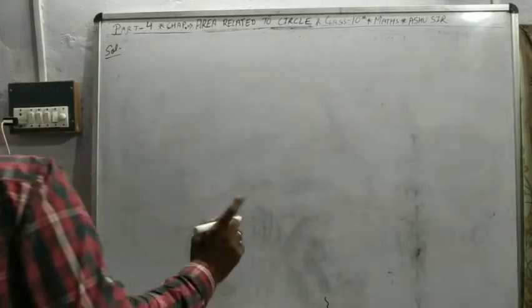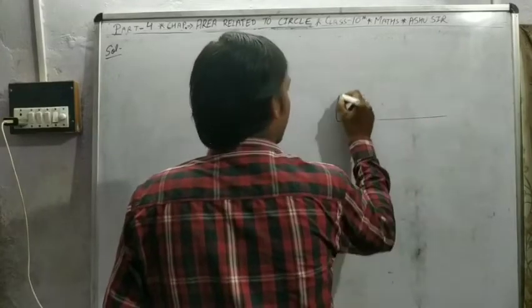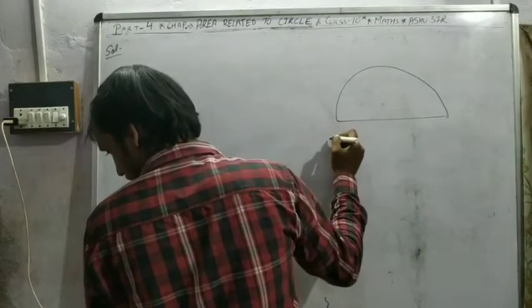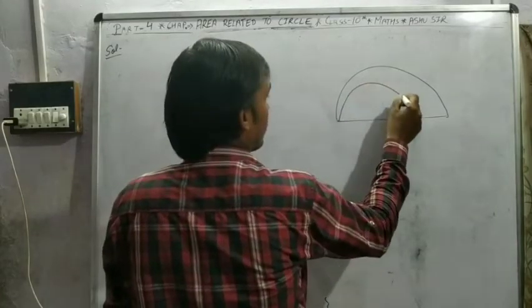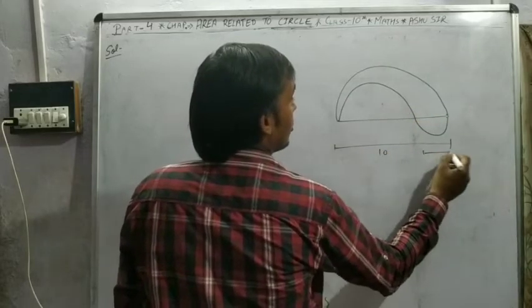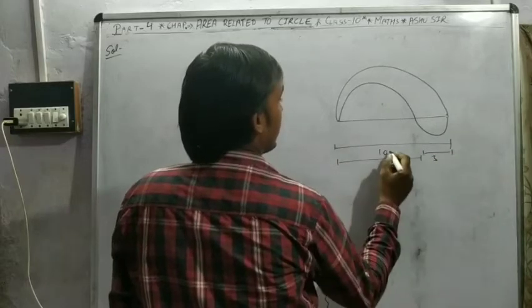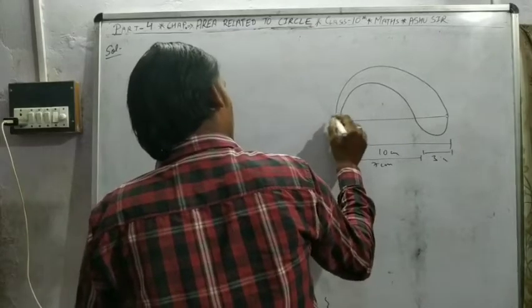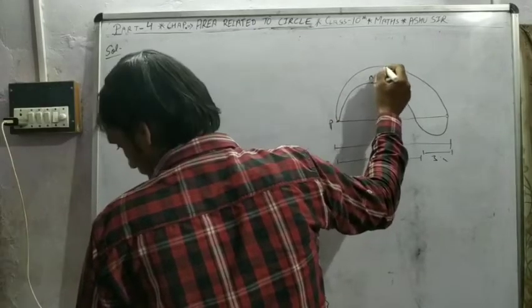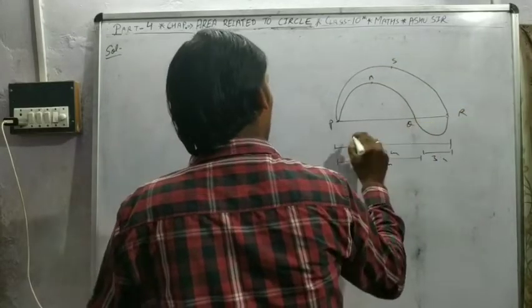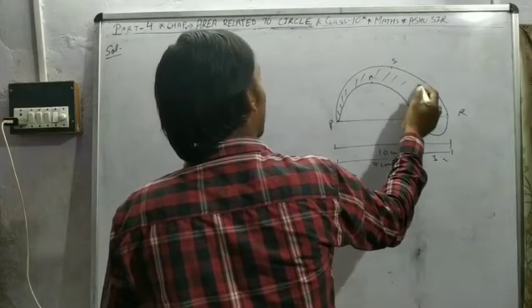Let's see the question. In the given figure, the whole length is 10, this part is 3, this is 7, all in centimeters. The points are P, S, R, Q, and this is the shaded region.